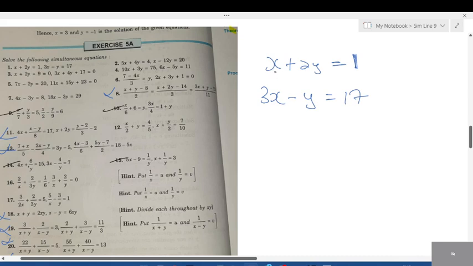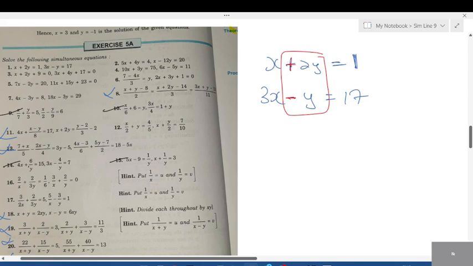Shall we eliminate x or y? Which one? Anything, we can eliminate any value, x or y. Why? If you want to eliminate y, the y values should be equal. But what are the values here, students? Do you think they're equal? No. So when they're not equal, what about the sign?